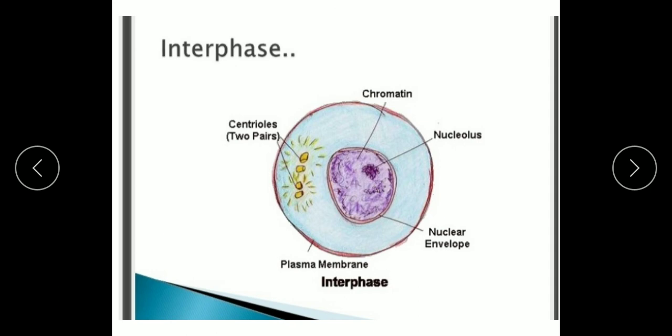The significance or importance of mitotic cell division: it maintains the same number of chromosomes as the parent in the daughters, or next generation. Maintaining the same number of chromosomes in the next generations does not lead to variation.